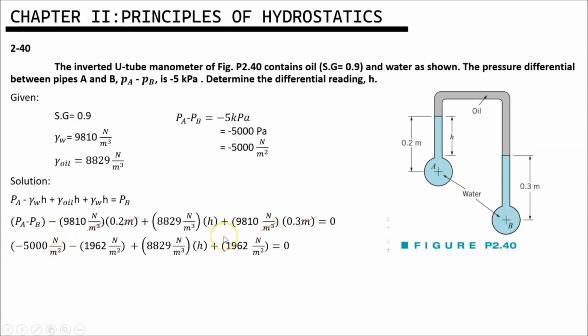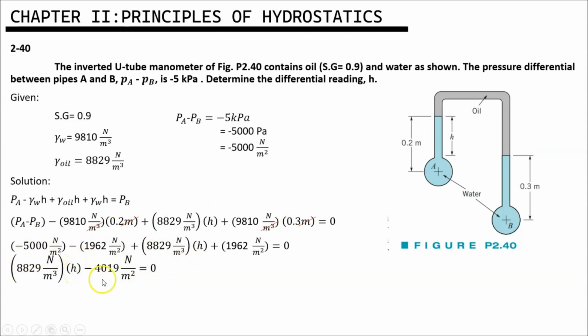And now we have -5,000 Newton per meter squared, the pressure difference between pipes A and B, minus 1,962 Newton per meter squared, plus 8,829 Newton per cubic meter times height, plus 2,943 Newton per meter squared equals 0. And by simplifying again, we got this equation.